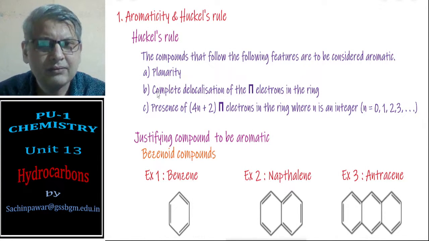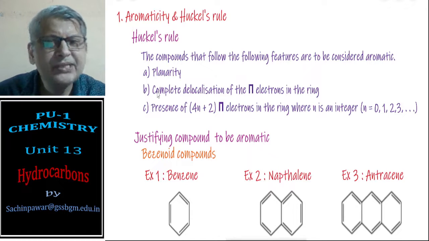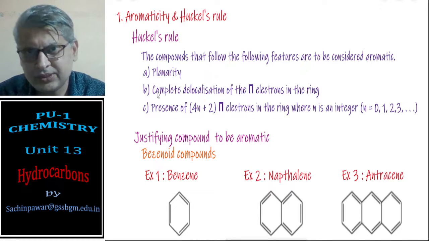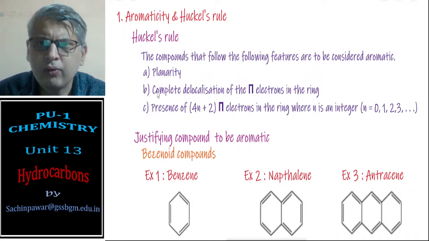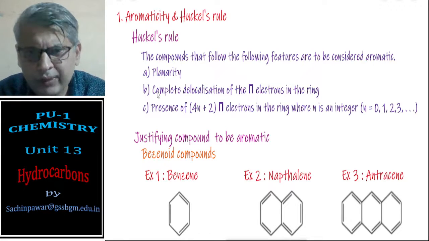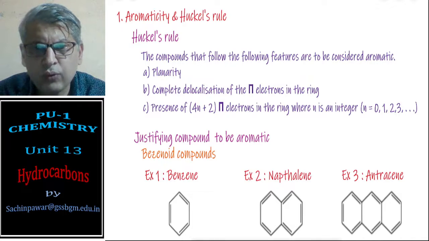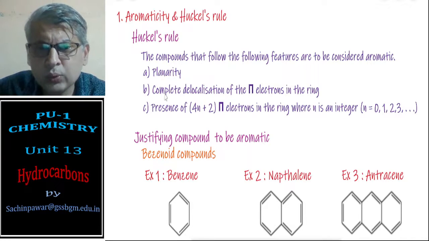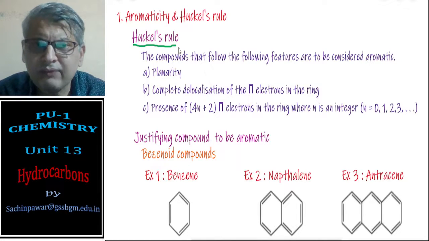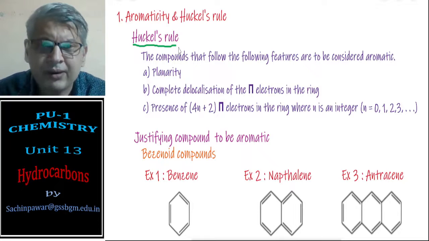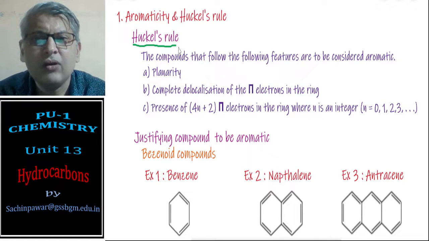But we have learnt benzenoid and non-benzenoid types of aromatic hydrocarbons, so to know exactly whether the compound is aromatic or not, we have to apply a rule. That rule is known as Huckel's rule. This rule will confirm whether the compound is aromatic or not.